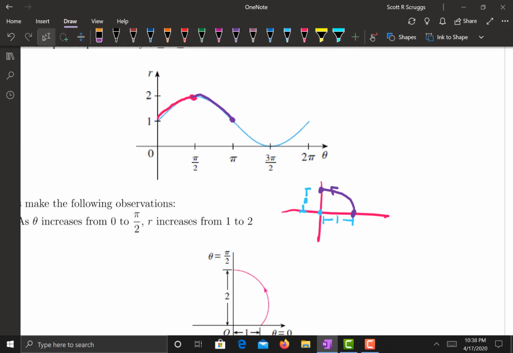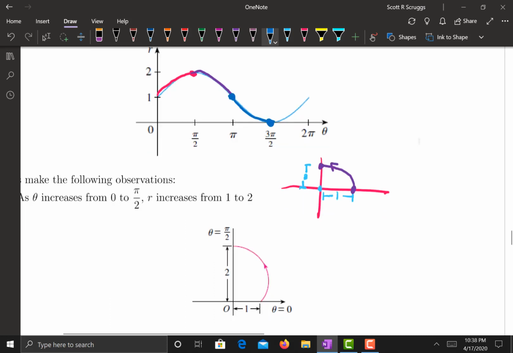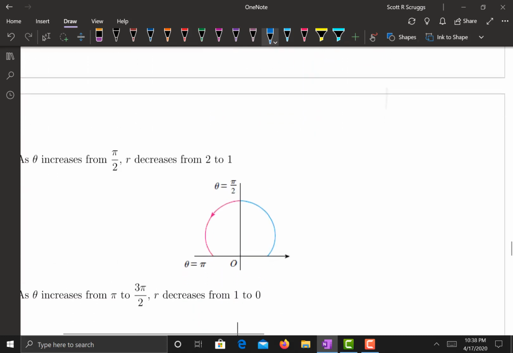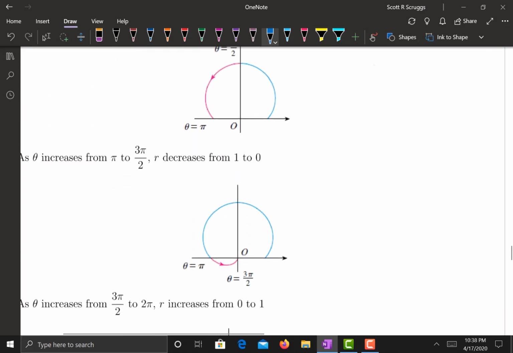Next thing I'm going to note, from pi to 3 pi over 2, I decrease from 1 to 0, which means from this original point, I'm going to land at the pole.